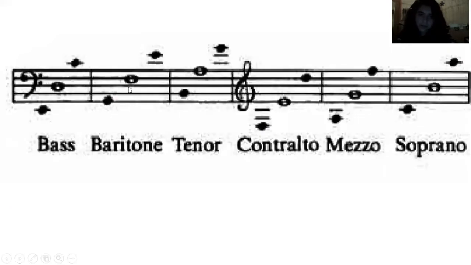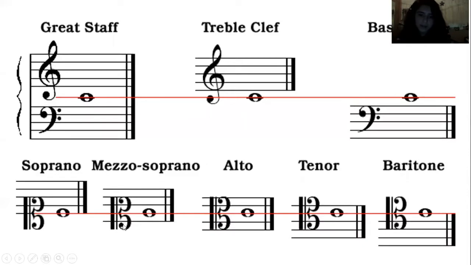We have another example here. G clef is written on the second line of the staff. Bass clef is written on the fourth line. And we have to see the different spaces.